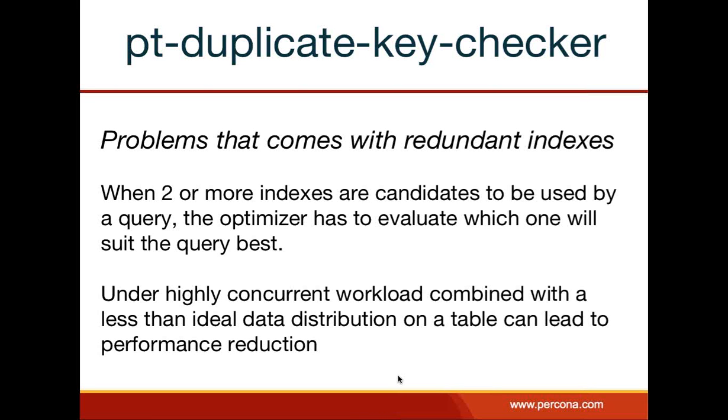And if you have 10 indexes all over the same field, it's going to evaluate all 10. So it can be a problem, especially on a highly concurrent workload, because it's going to take more time and everything is going to start to stall.